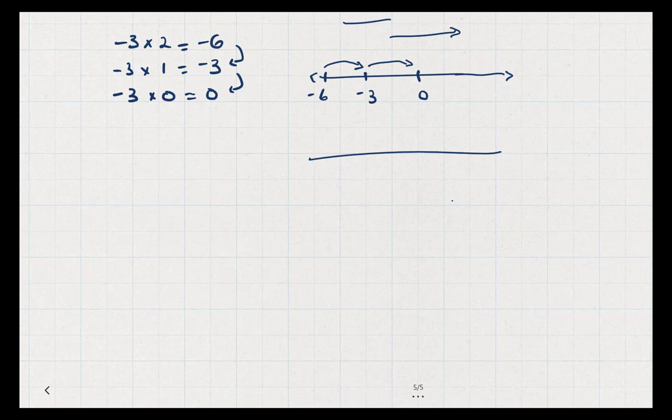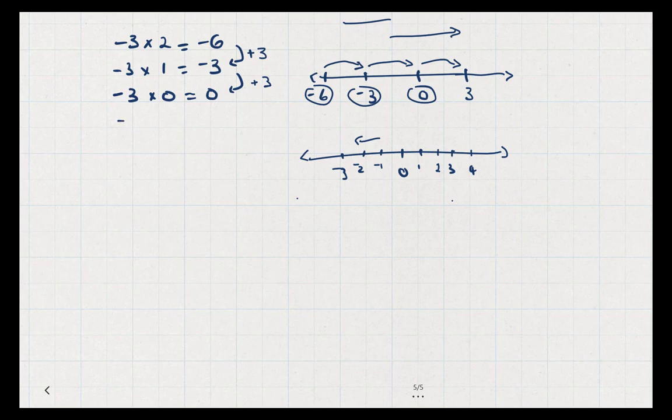On our number line, remember, if I've got 0 here, 1, 2, 3, 4, the numbers are getting larger. -1, -2, -3, moving that way, the numbers are getting smaller. So these are increases of 3. We are increasing by 3 from -6 to -3 to 0. So following that pattern, the next stop should be 3.